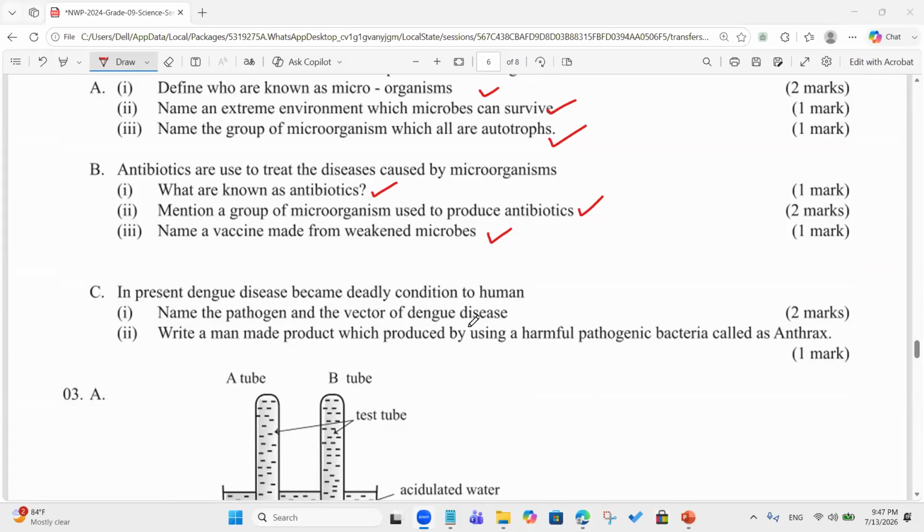Name a pathogen and a vector of dengue disease. Pathogen is the organism causing the disease. Vector is the organism transferring the disease. Pathogen is the dengue virus and vector is the mosquito. Mosquito, very good, right?